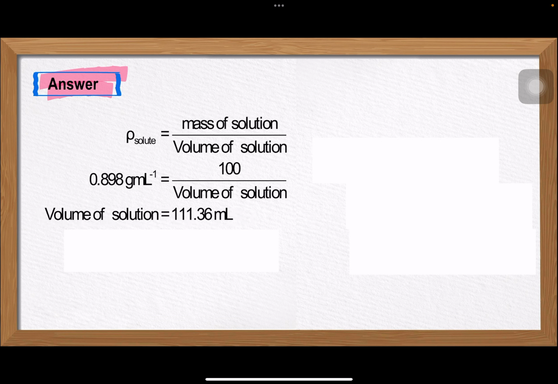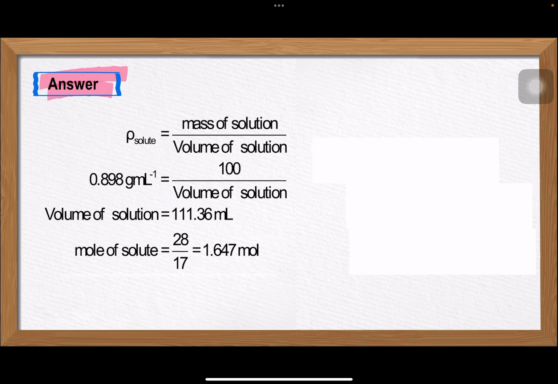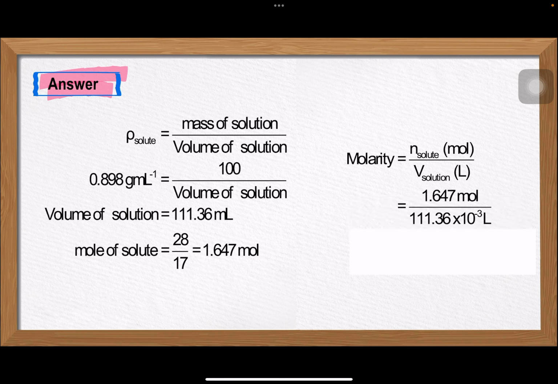So we already have here the mole, and the mole is from 28 gram from here, right? Okay, mass change to mole, 1.647 mole. So the molarity is 1.648 divided by the volume in liter, 14.79 molar.